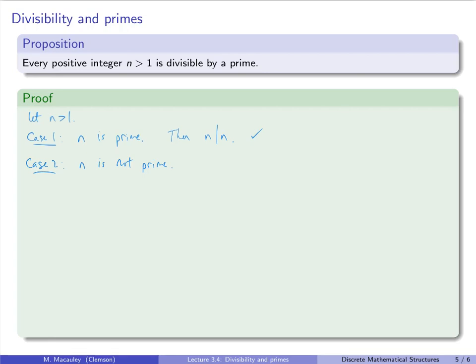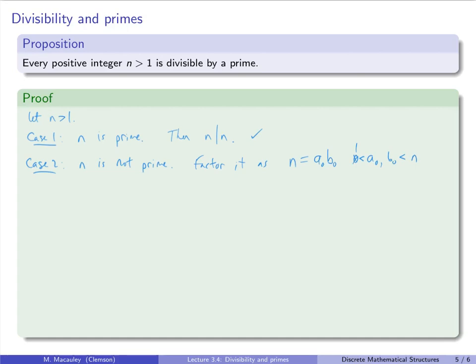and then in this case we can factor it as n equals, let's say, a naught times b naught, where a naught and b naught are, I really should say that they're bigger than 1 and smaller than n.